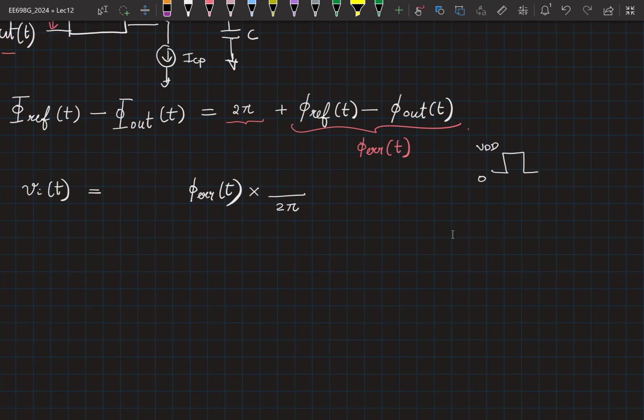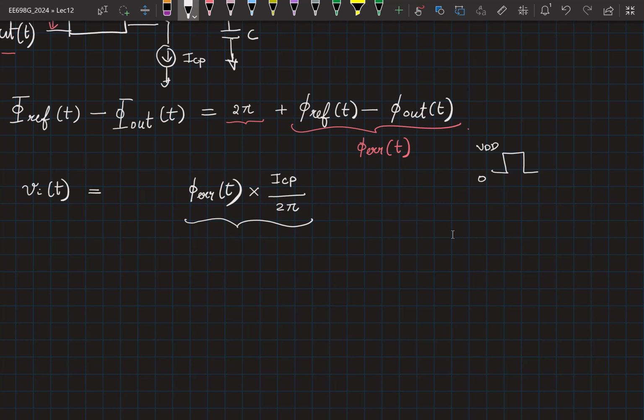The current switching from 0 to ICP and flowing into the capacitor is what helps you calculate the average of up minus down. So instead of this, you will have ICP. The average current flowing into the capacitor in every period is going to be phi error seen at the input into ICP by 2 pi.